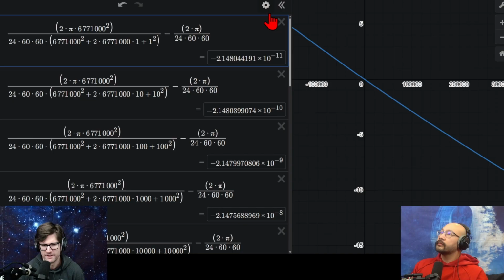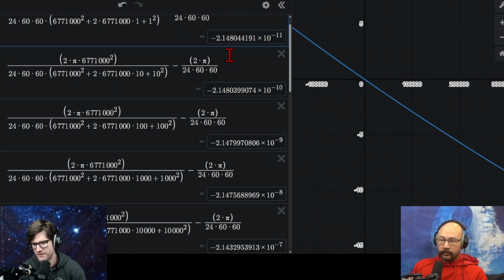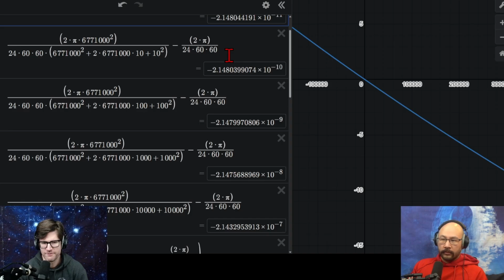Okay. So what did I do here? I'm calculating the delta. This is the angular speed final, if you climb a certain distance. And I did it for several.